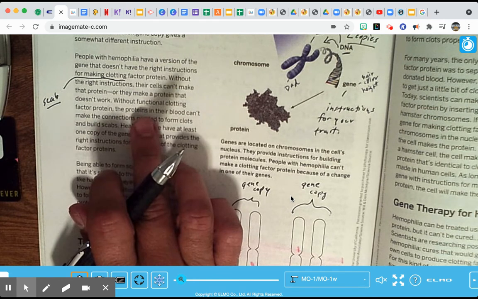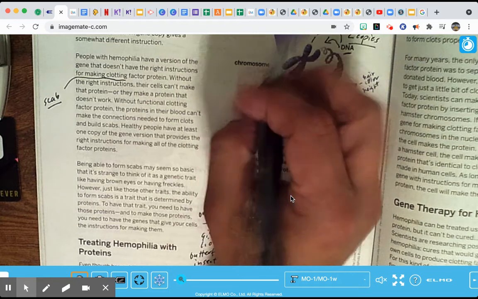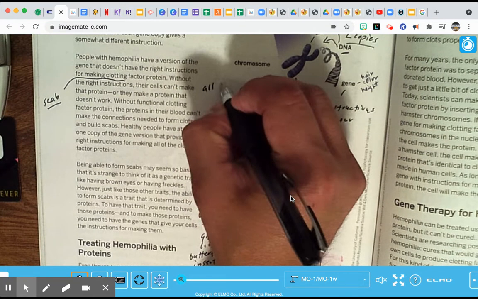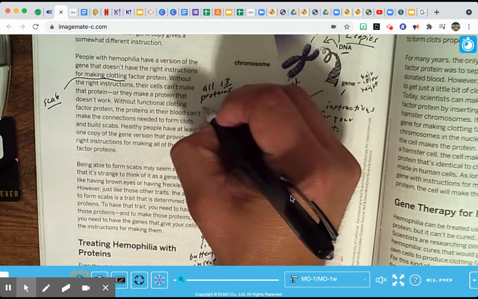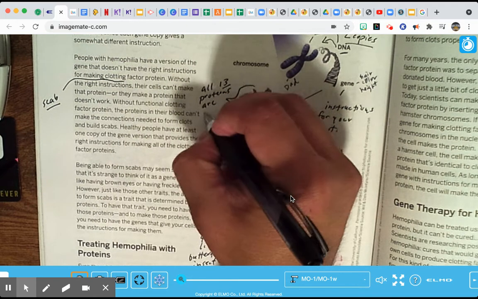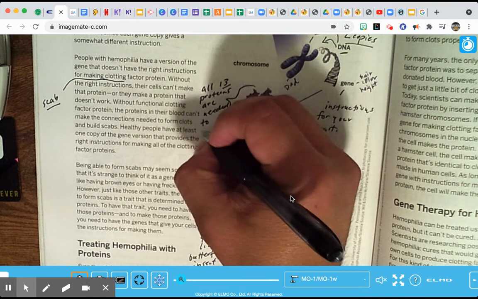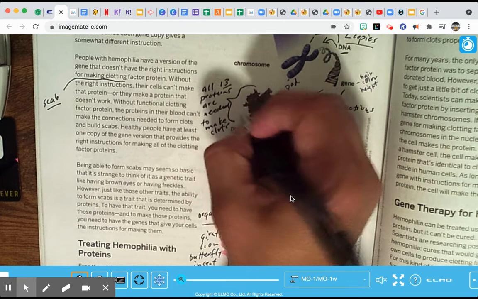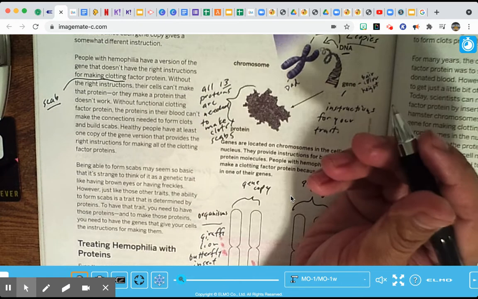So all 13 proteins are needed to make clots or scabs.